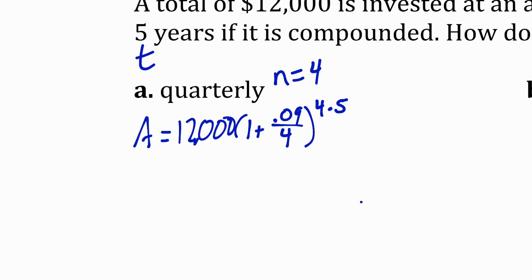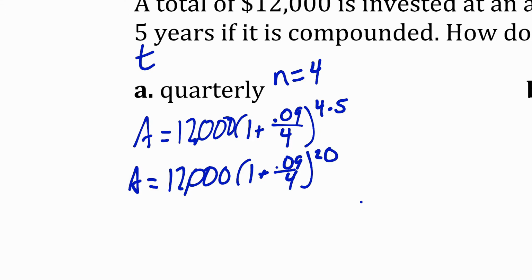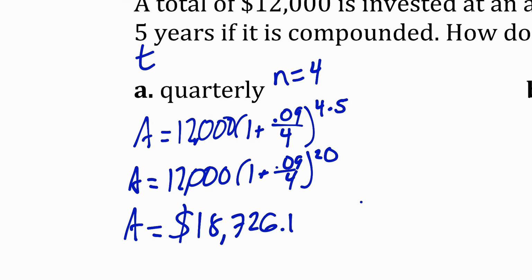You do not need to do that all by hand, but you can make it 12,000 times 1 plus 0.09 over 4 raised to the 20th power. Sometimes it's nice to have that as an exponent. After you plug that into your calculator, you end up with a total of $18,726.11. We should go 2 decimal places because we're talking money.